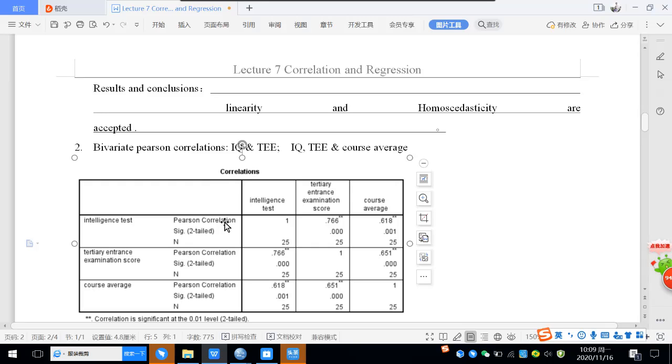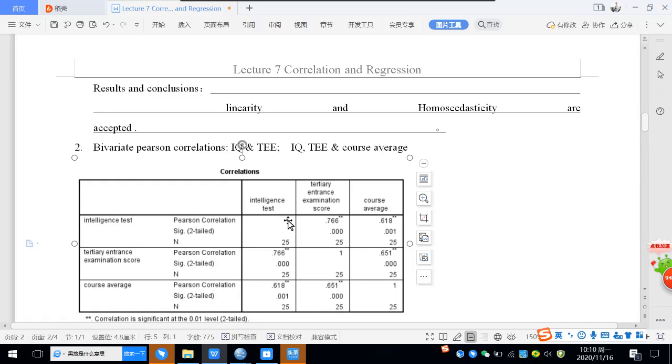The Pearson correlation will be from -1 to 1. If the Pearson correlation is 0, it means the two variables have no relationship, totally no relationship.